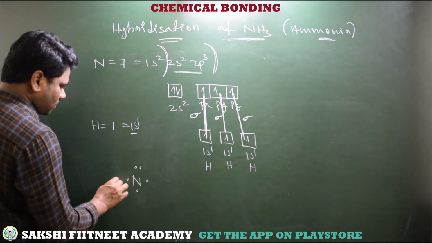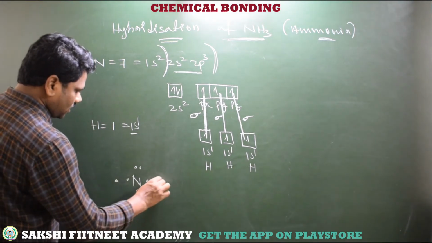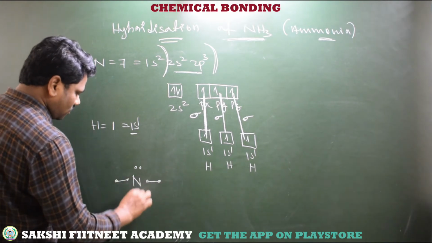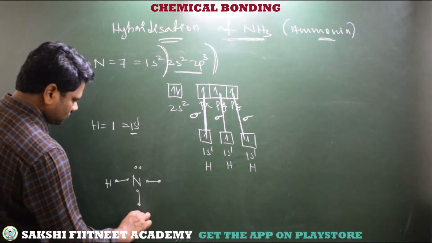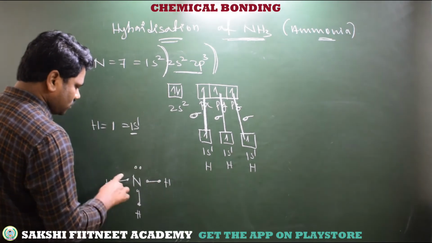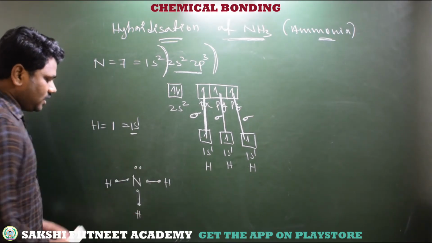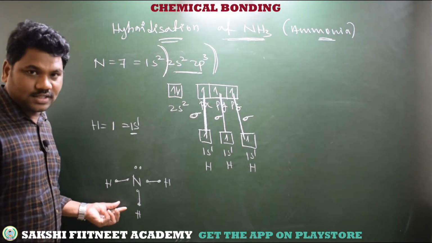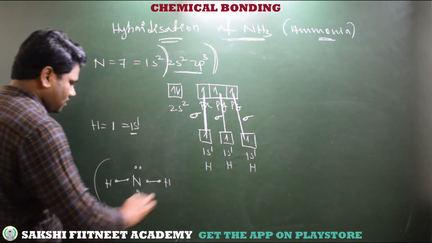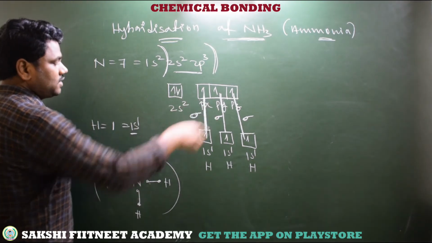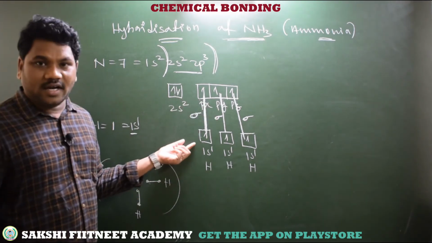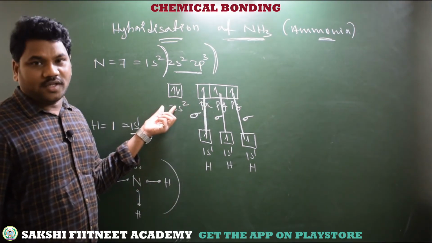These 3 unpaired electrons overlap with another 3 unpaired electrons, making covalent bonds. So now around the nitrogen we count 2, 4, 6, 8, getting 8 electrons. So it is satisfying the octet rule. Nitrogen makes 3 covalent bonds with 3 hydrogens, with one lone pair.